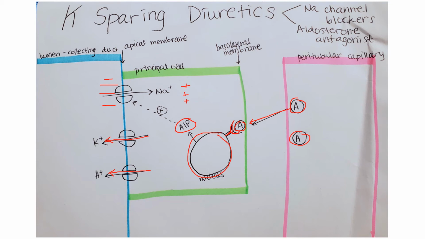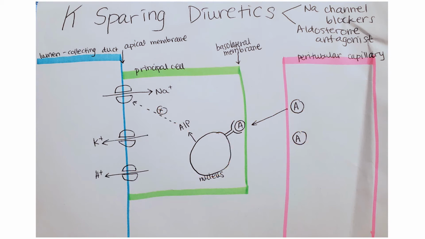Once it's bound to the receptor, that activates your nucleus, increasing the production of aldosterone-induced protein. And this aldosterone-induced protein activates the epithelial sodium channels, which means that more sodium is reabsorbed and therefore more water is reabsorbed.